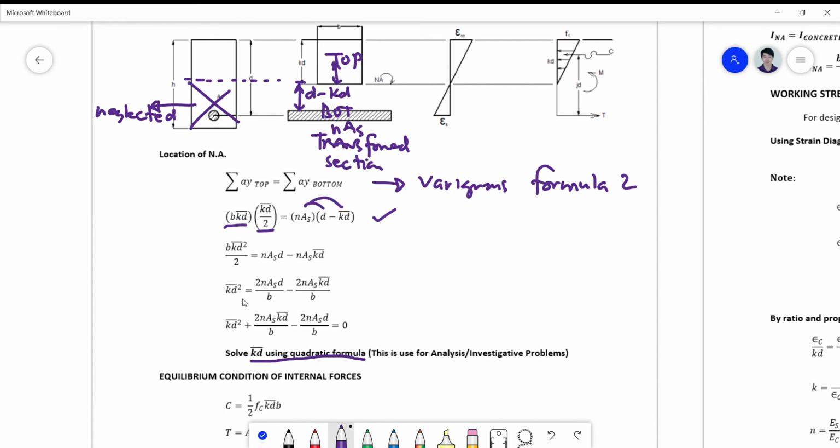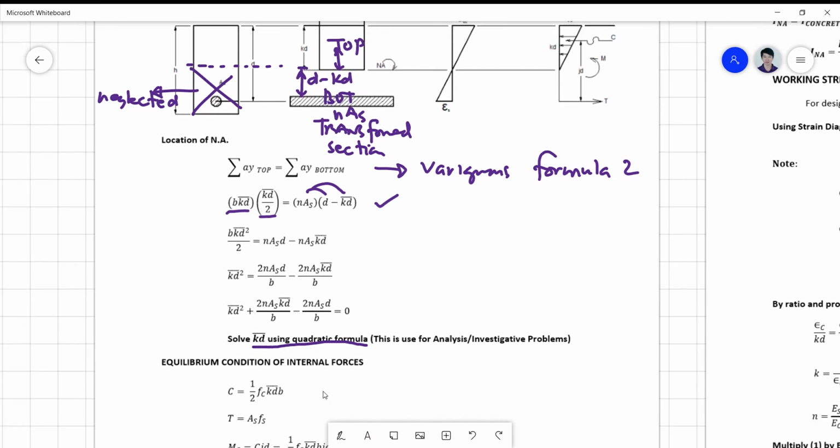And then kd squared, you divide it by b. You put 2 on top, so 2nAs d, and so on. So the kd squared now becomes plus 2nAs kd over b minus 2nAs d over b equals 0. Then solve using the quadratic formula. You can get the answer for kd.